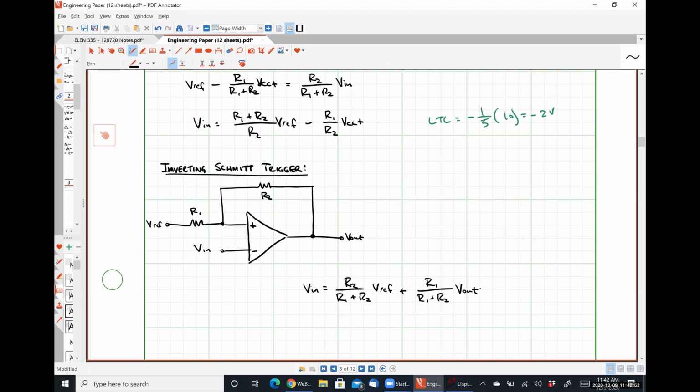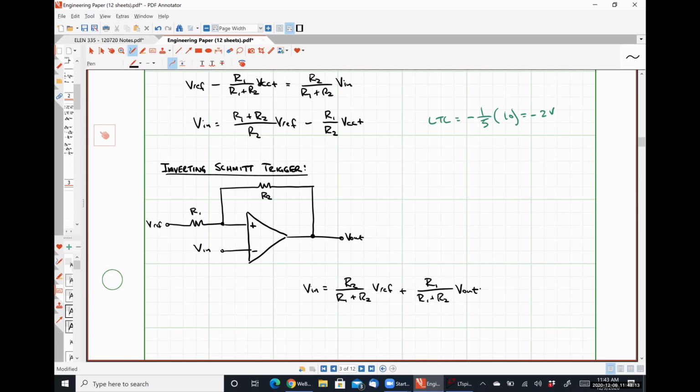And now it's really trivial to determine the upper trigger limit and the lower trigger limit, right? For the upper trigger limit, we put V out as VCC minus. For the lower trigger limit, we substitute V out as VCC plus, and then just do the math.